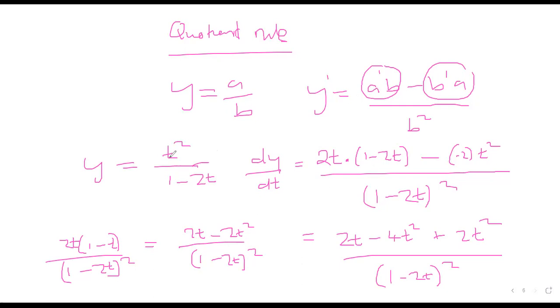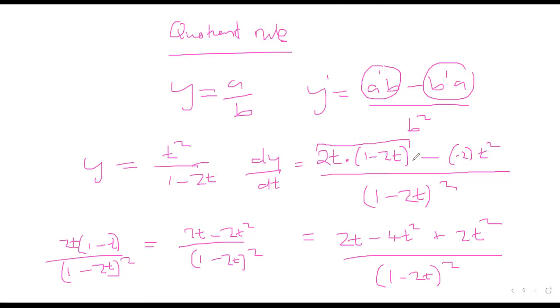Differentiate the numerator times the denominator as it is, minus differentiate the denominator times the numerator as it is. Then you power the denominator. So in this case, we differentiated the numerator, which is t squared. When differentiated, it is 2t, times the denominator is 1 minus 2t as it is. Are we clear on this part?